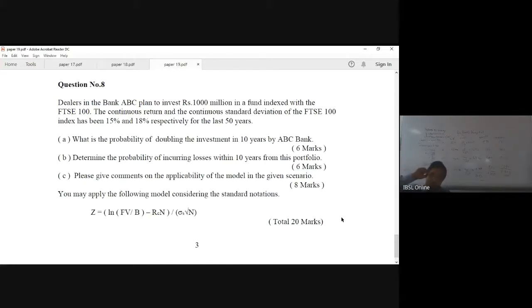If that is the case, from there onwards you are losing. So the limiting requirement is to have the same future value as the beginning value. Then there will be a value for log 1. Log 1 would be 0. Do the calculation and get the Z value for that.